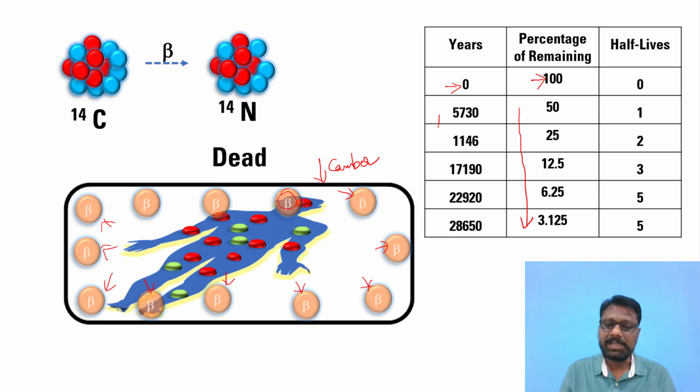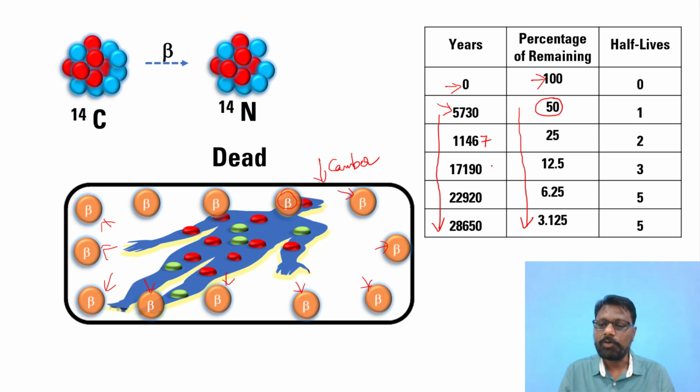So with the increasing years, there will be a 50% decrease when the dead body's age becomes 5730 years. Like this, 11,467 is the year. In this way, you can see the half-life period is 5730 years.